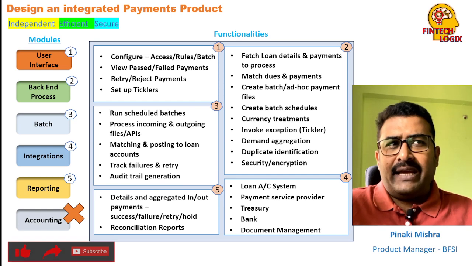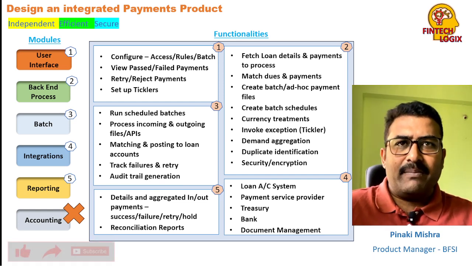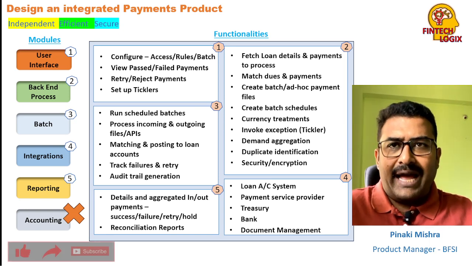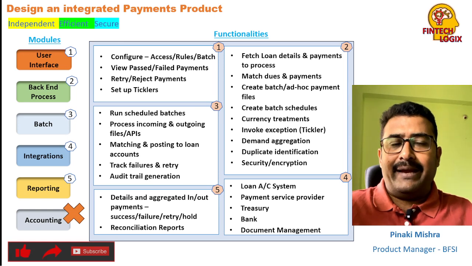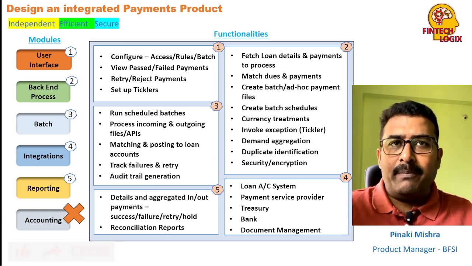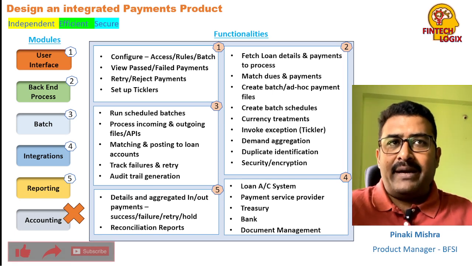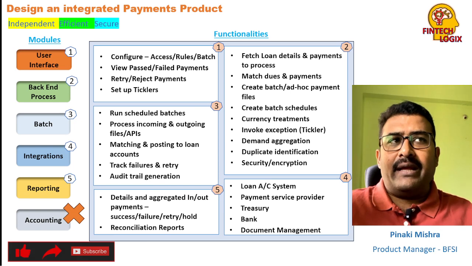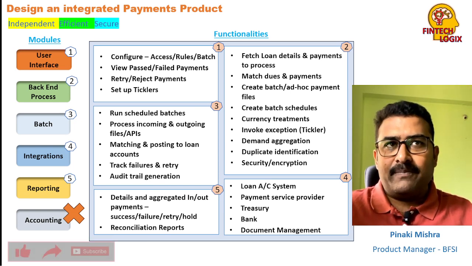Now the fifth thing is reporting. As a good payment system, we should have reporting capability. It might be your daily incoming or outgoing payments, or it might be aggregated payment reconciliation. A lot of reporting is needed by multiple departments in a lending system.